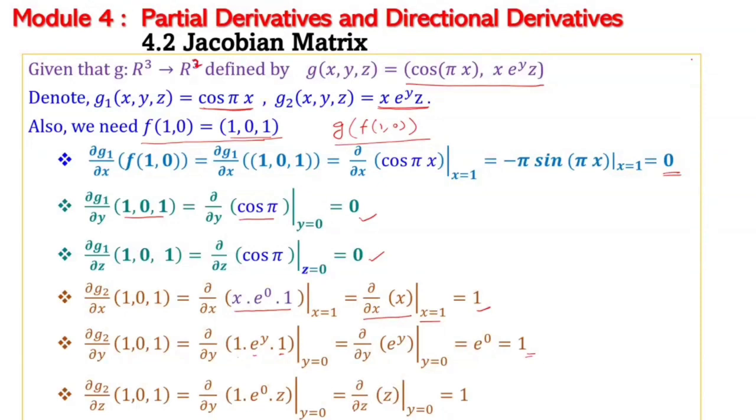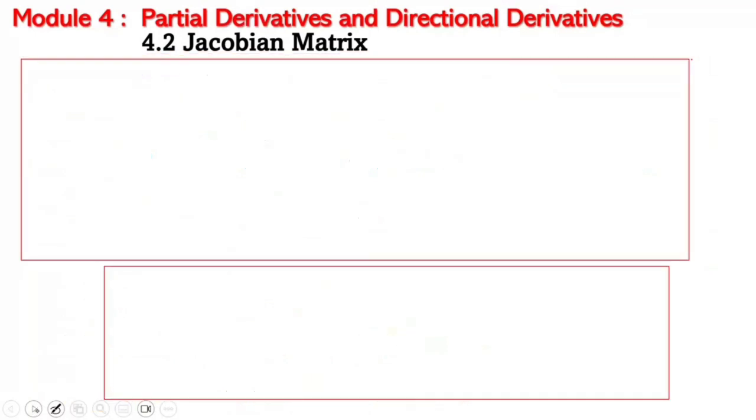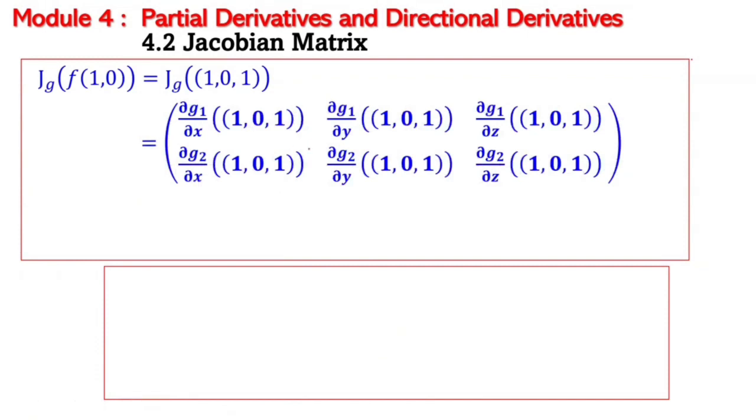Again with the repeating process, you will get the derivative, and g is equal to 1, so the derivative is equal to 1. So we got now the matrix for the Jacobian of g. We got this matrix, and the matrix is 0 0 0 1 1 1.